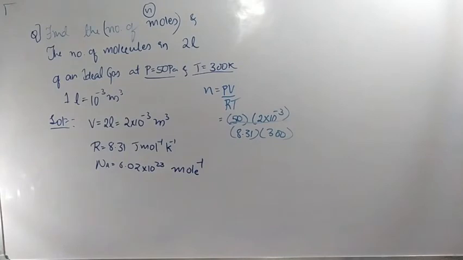Clear? So if you calculate, how much are you going to get, just check it. 50 into 2 is nothing but 100. 100 into 10 to the power of minus 3 divided by 300. 100 by 300 means value will be 1 by 3. 1 by 3 divided by 8.31 into 10 to the power of minus 3.